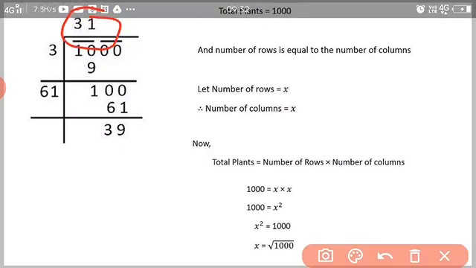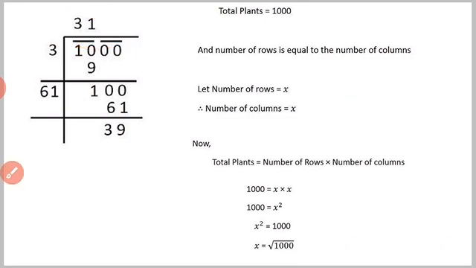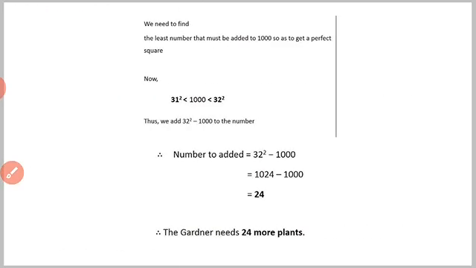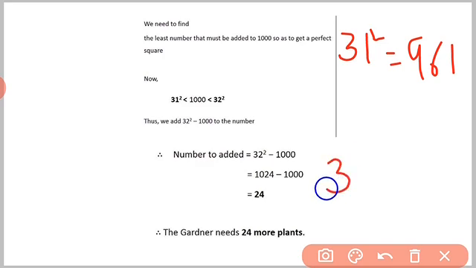So see the quotient over here, it is 31. So square of 31 is 961. What will be the square of next square number? Yes, it will be the square number of 32. So 31 squared is equal to 961, and the next square number is 32.